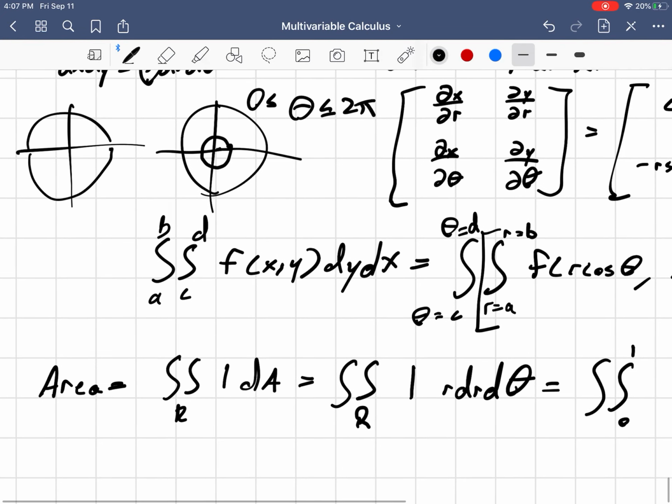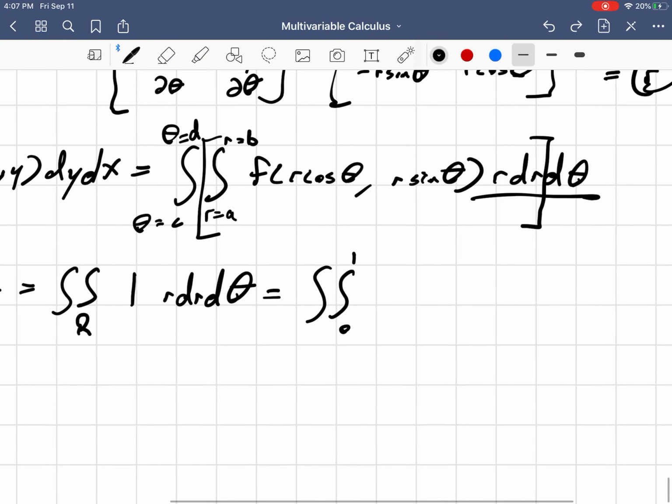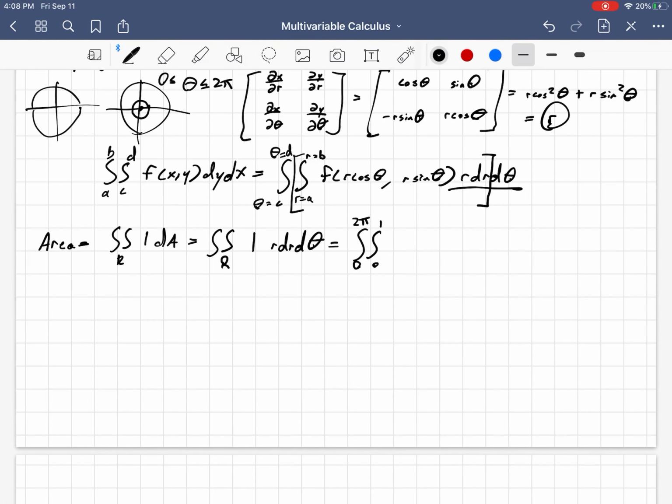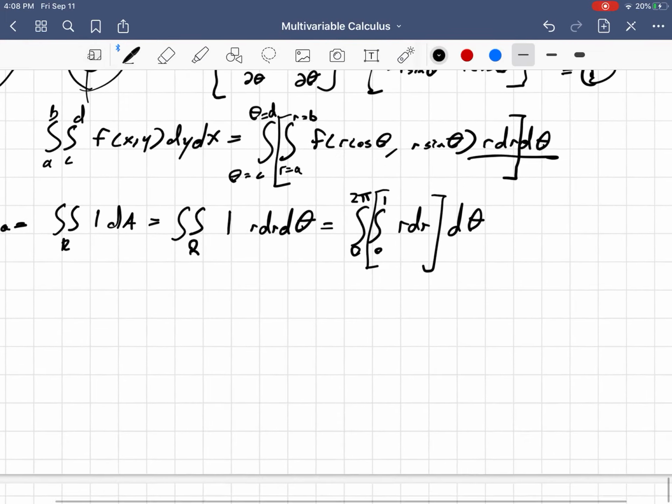In other words, the radius of the circle, right? We start at 0 because if you start at 0 and then you go all the way up to 1, you're going to get that circle of radius 1. And then theta is going from 0 to 2 pi because we need to sweep out the whole circle. And it's just 1 r dr d theta, which I'm just going to write as r dr, and then I'm going to put brackets to kind of help us here, d theta.